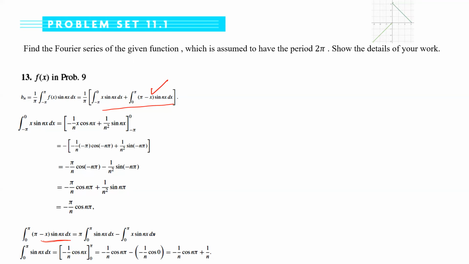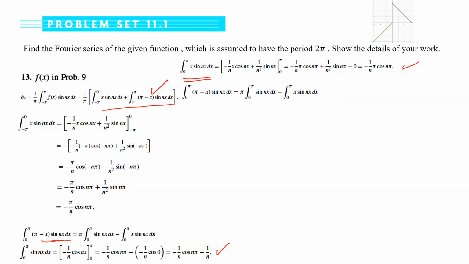Evaluating these two integrals one by one, the first integral, from 0 to pi of sine nx, is equal to this, and the second integral, x times sine nx from 0 to pi, is equal to this, again calculated with the help of integration by parts. So by adding these two results, we have the value of this integral, pi minus x times sine nx, which is equal to pi over n.